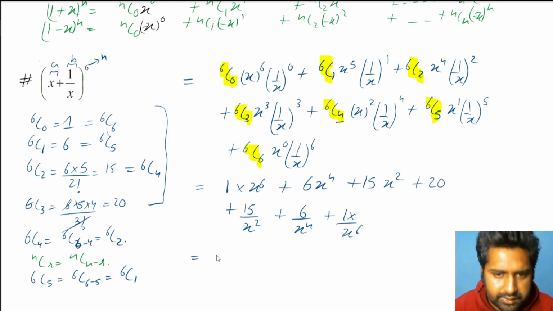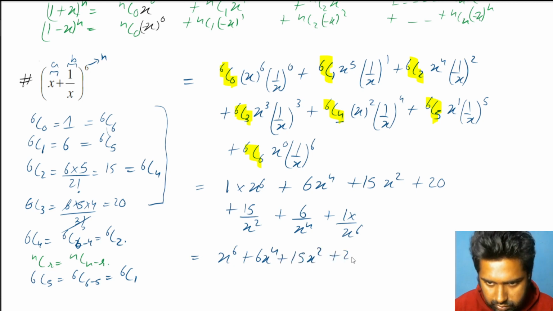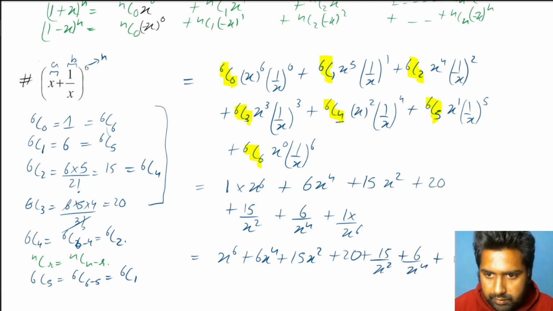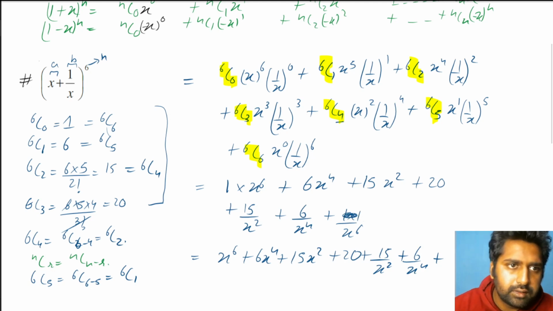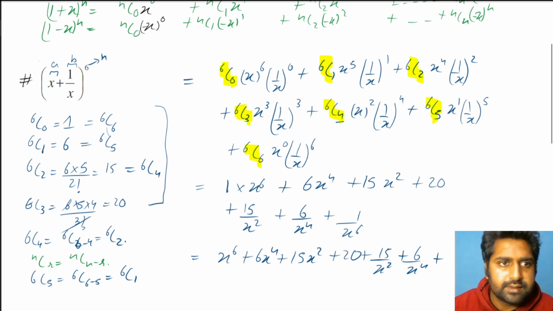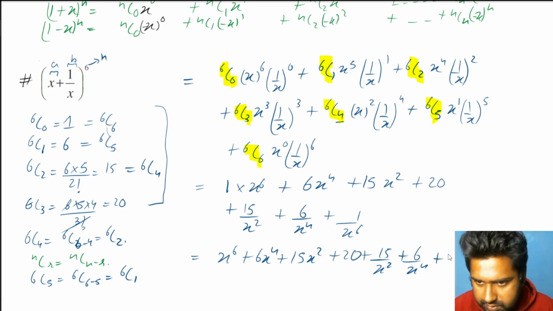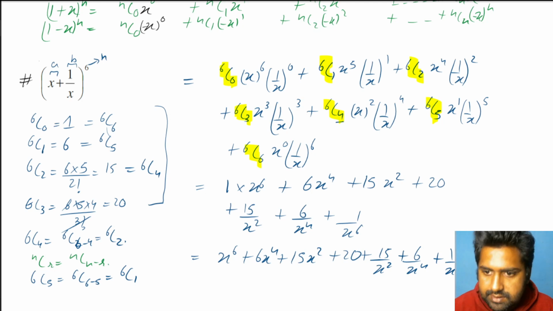So if we write this properly, x raised to power 6 plus 6x raised to power 4, plus 15x square plus 20 plus 15 by x square plus 6 by x4 plus, this is 1 multiplied, so only 1 I'll write, otherwise it looks like x, plus 1 upon x raised to power 6. That's your answer.